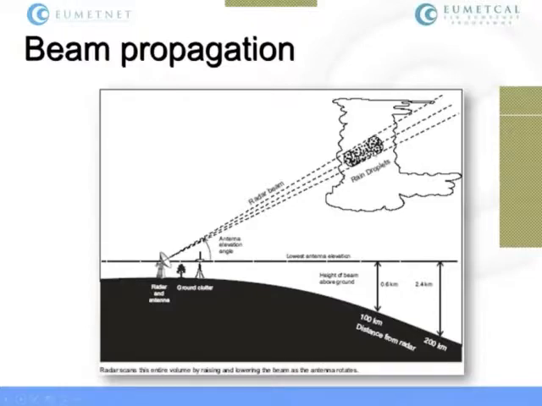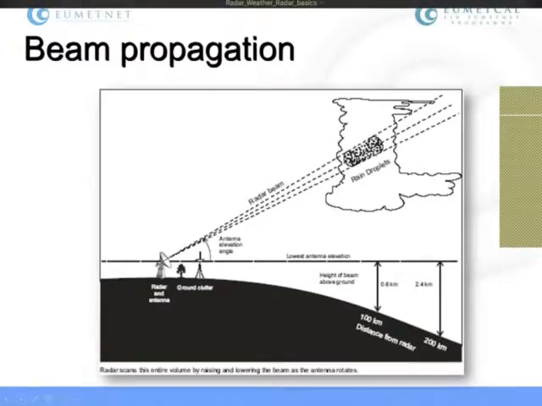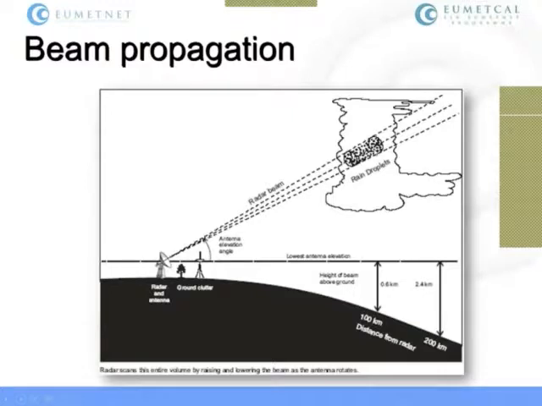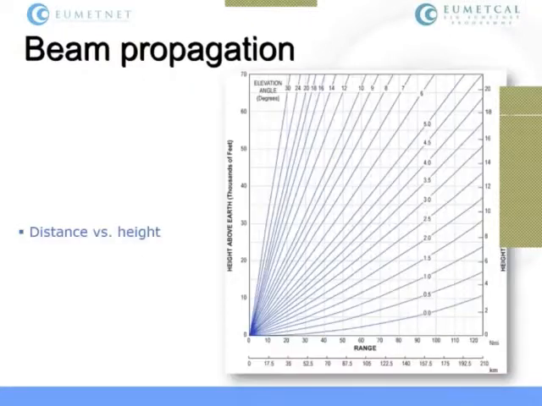It is very important to have in mind that the radar beam is propagating like this. If we have the Earth, we can also see the curvature here. We need to be aware that at very long distances from the radar, the measurements are performed very high in the atmosphere. As we get away from the radar, our measurements are performed higher in the atmosphere.